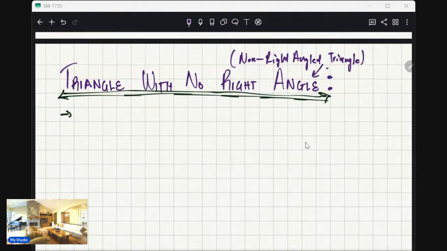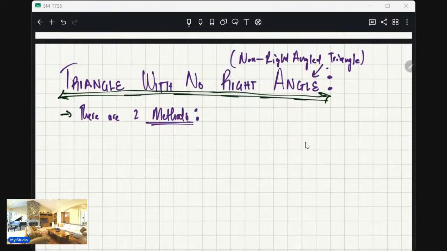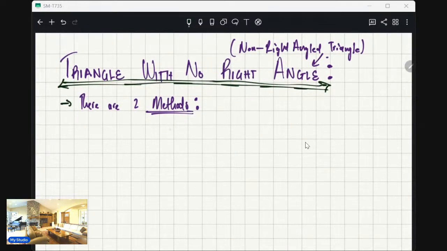There are two methods that you have for finding a missing side and a missing angle, right?